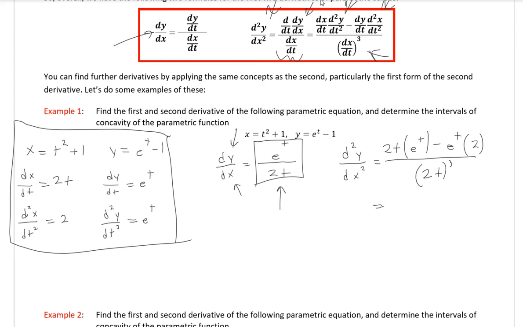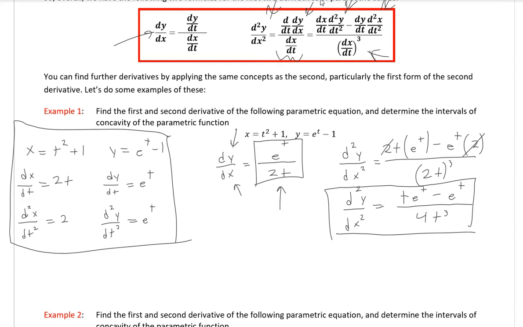That will give me, if I multiply these out, a 2, and one of these 2's will cancel. I'll have 4t cubed, and on top I'll have t e^t minus e^t, which you can also factor out if you want. But that is going to be my second derivative.